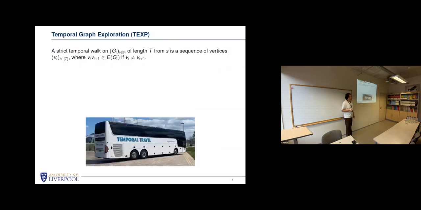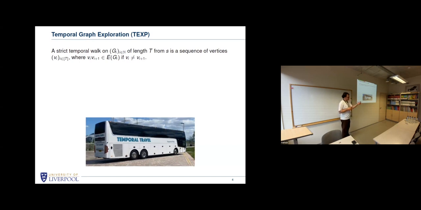So I mentioned that we're going to be looking at the temporal exploration problem, and this is going to be the strict path variant. A strict temporal walk of length t from a starting vertex s is a sequence of vertices. Remember that all our graphs occur on the same vertex set.